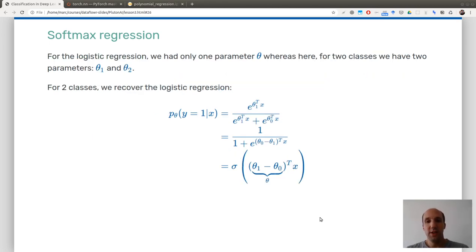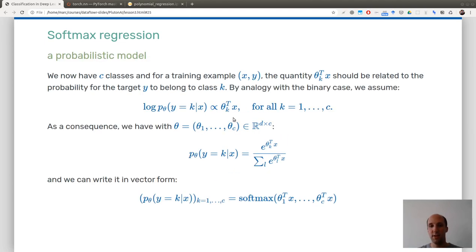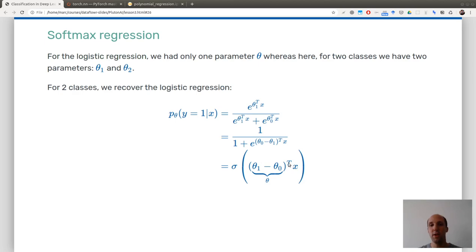Okay, just to see how it connects with what we saw before. For binary classification, we had two classes, but we had only one parameter. Here, for two classes, we have two parameters, theta1 and theta2. So if you rewrite the probability that y is equal to 1 knowing x in this framework, you have theta1 and theta0, corresponding to the classes 1 and 0.